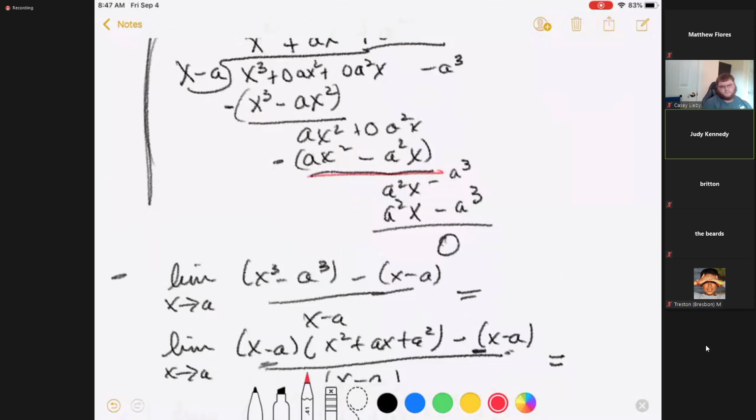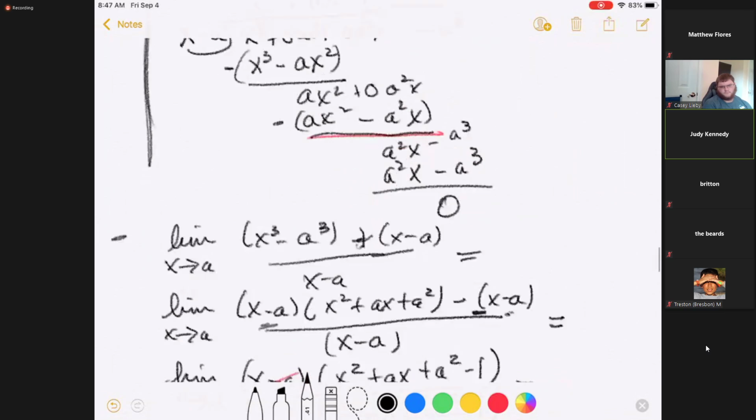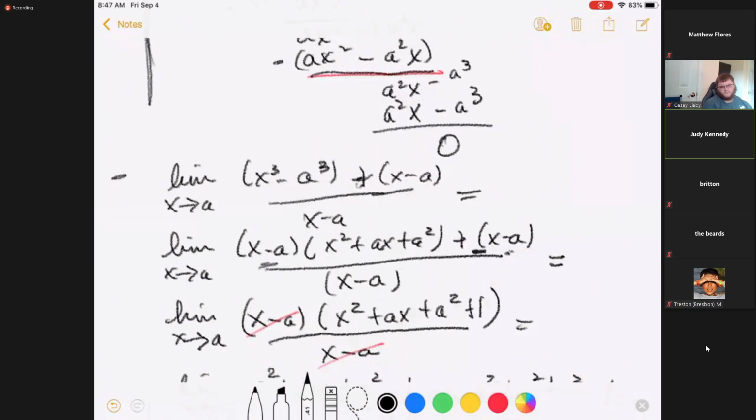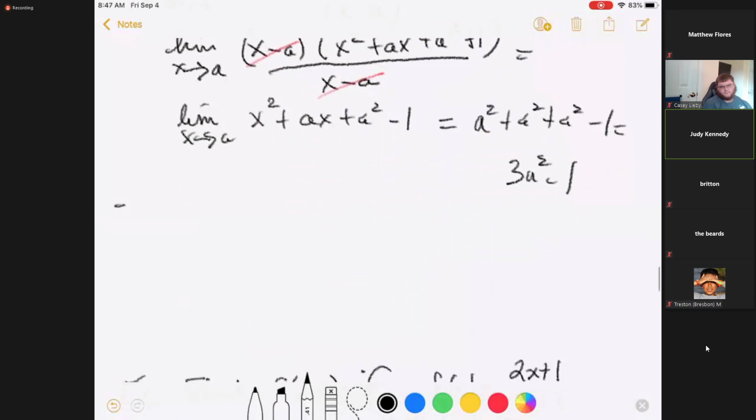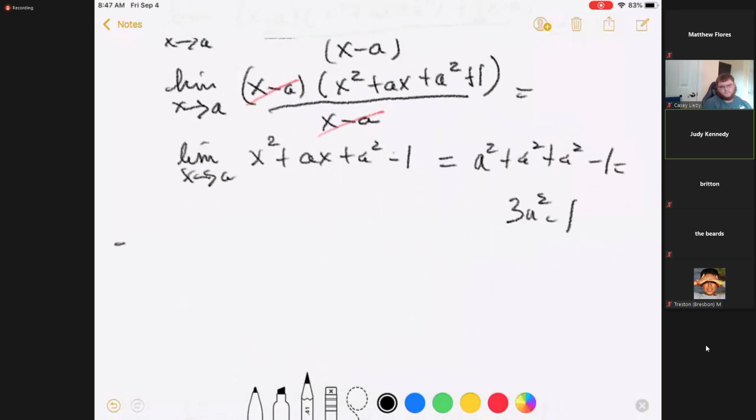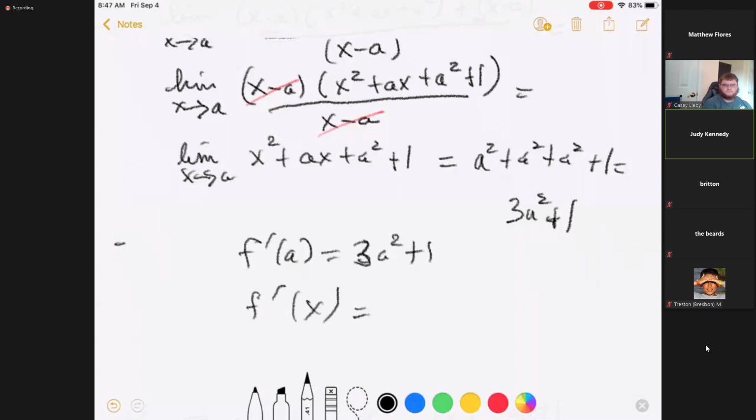So that's what's wrong. That's a plus, and that's a plus. You're supposed to get the same answer regardless, and we do. So f prime of a is 3a squared plus 1, which is the same thing as saying that I let a equal x, 3x squared plus 1.